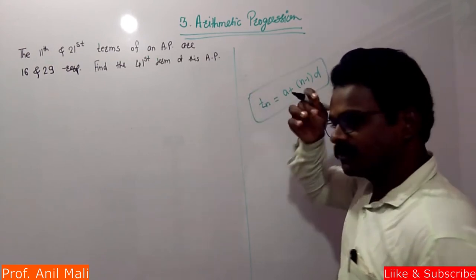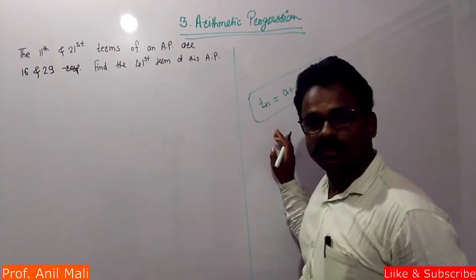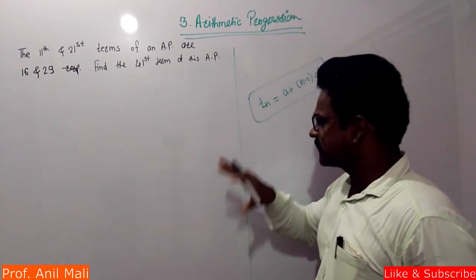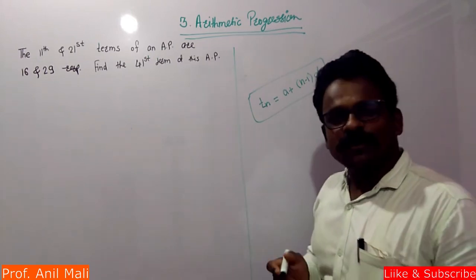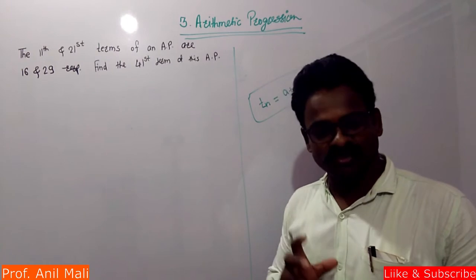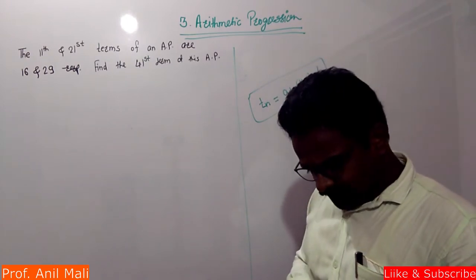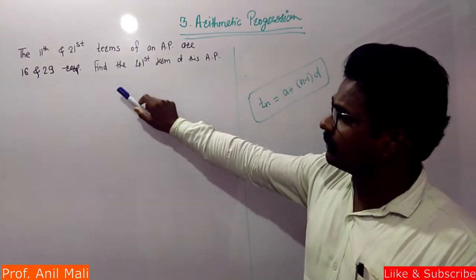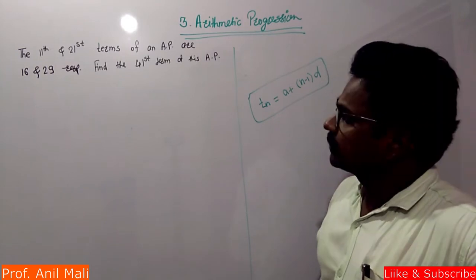This was the formula, and depending on only this one formula we had discussed two problems, and the next few problems also we are going to discuss on the same concept, that is nothing but nth term. So students, this is the problem which I have written here. We need to solve it.